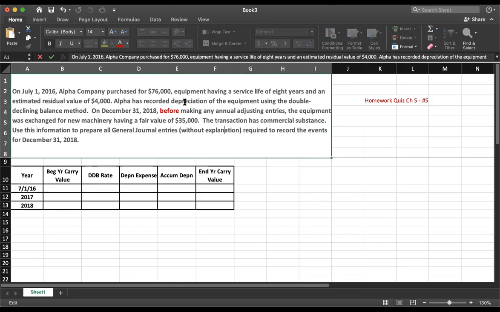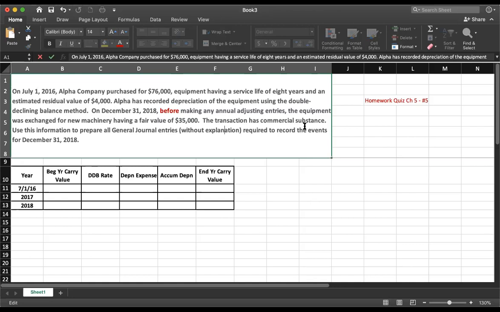So even though it is equipment that's being exchanged for machinery, they're saying that these two have completely different functions. That's why it has commercial substance. Commercial substance means that we have exchanged one asset for another asset that does something else.